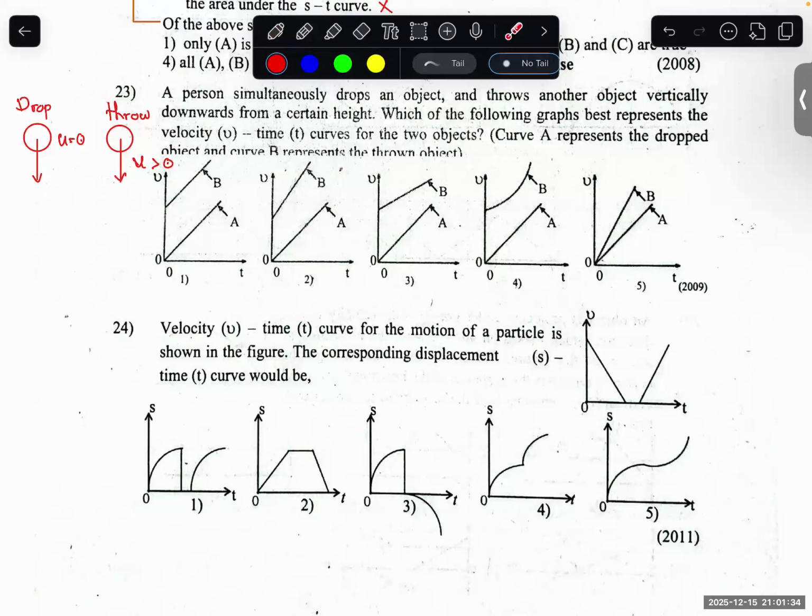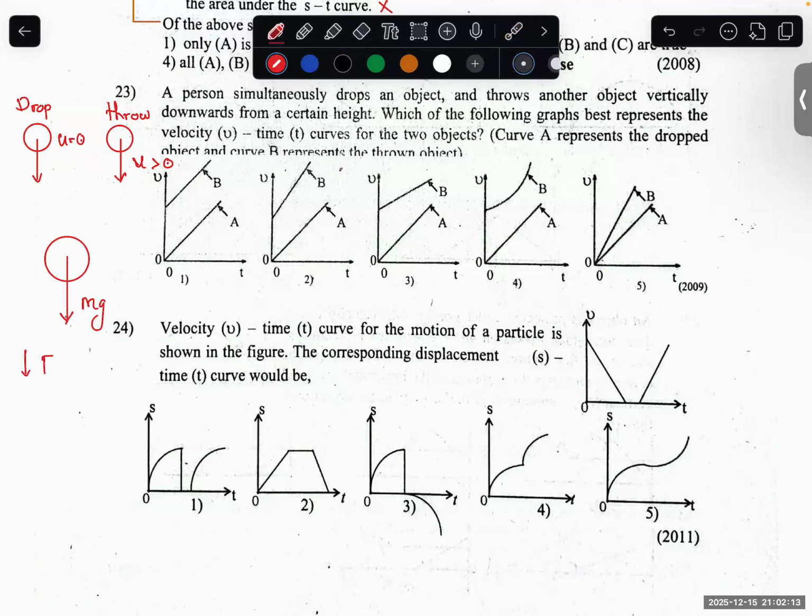Now for the same height, which of the following graphs best represents the velocity time curves for the two objects? Curve A represents the dropped one, so the initial velocity should be 0, and B represents the thrown object. The first one. Yes. When something is freely falling, when air drag is not there, whatever the object, it will experience a force of magnitude mg.